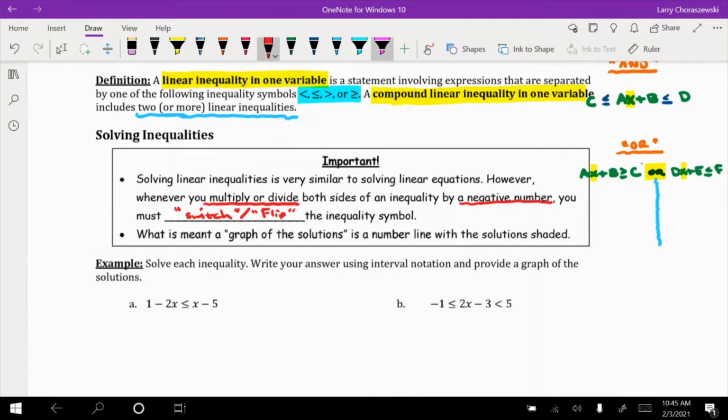And it's only those two operations. If you have to add or subtract, you don't have to worry about flipping the symbol. Another thing regards the instructions. Some of the instructions might say, provide a graph of the solutions. And a graph of the solutions is a number line with the answers for x being shaded.